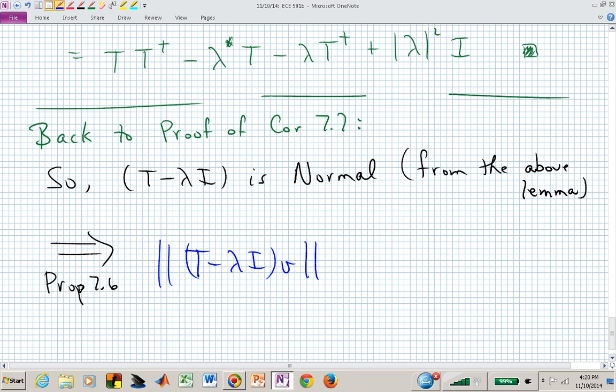If I know that the operator T minus lambda I is normal, what is that also equal to? By Proposition 7.6, I can take the adjoint of that operator, T minus lambda I, multiplied by v, and it is going to have the same norm as T minus lambda I v.